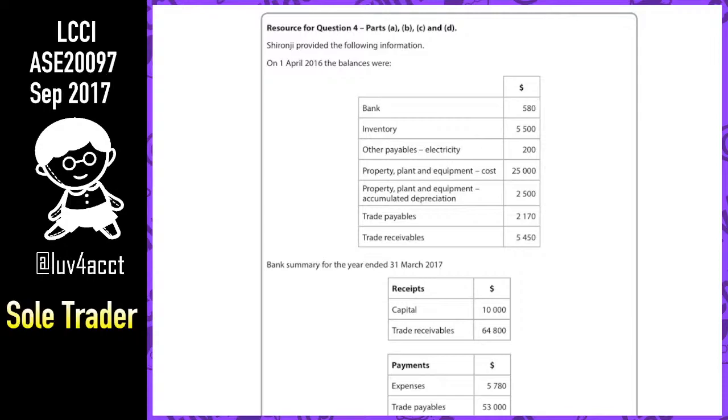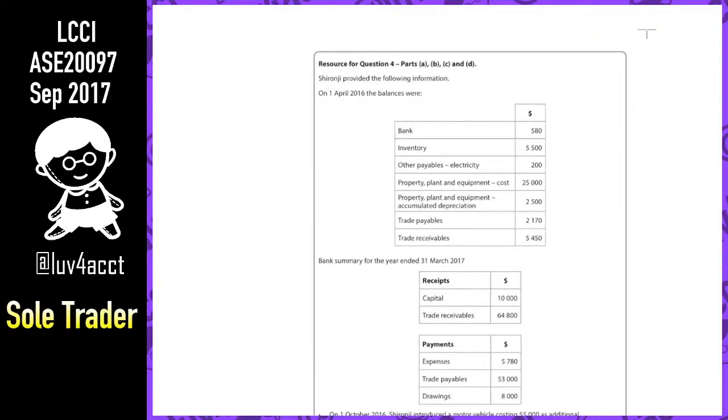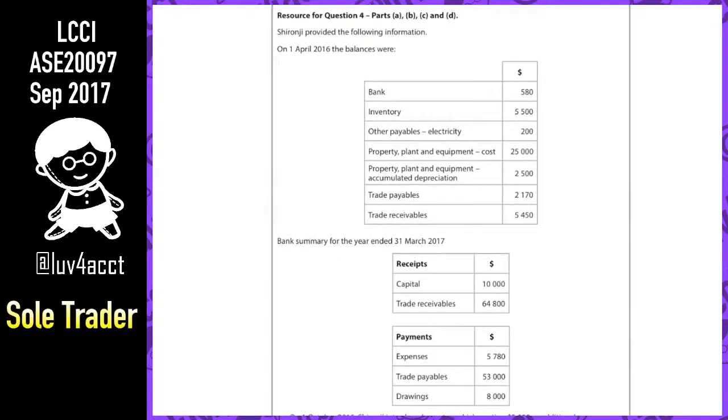Suronji provided the following information. On 1st of April year 2016, that is the opening balance, we have bank, inventory, other payables for electricity, property, plant and equipment costs, and then the accumulated depreciation, trade payables and receivables.